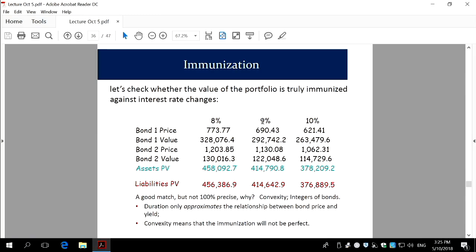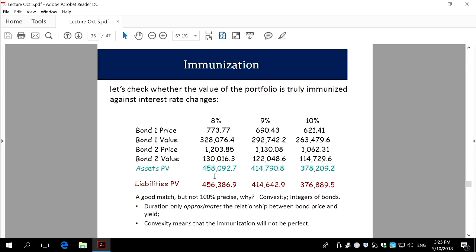The same thing, if the interest rate goes down, then your bond price goes up, then your asset side will have a higher value. That's good for the asset side. But the bad thing is, if the interest rate goes down, your liability also gets bigger, but still they are roughly the same. So this is how immunization makes this institution not worry much about interest rate fluctuation.